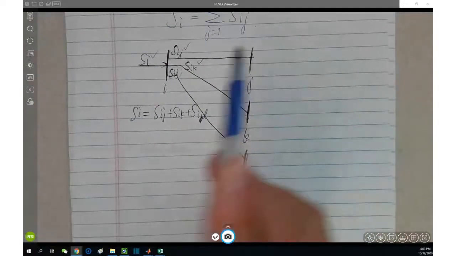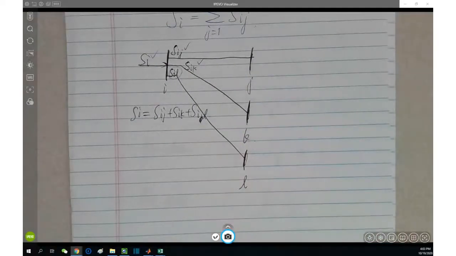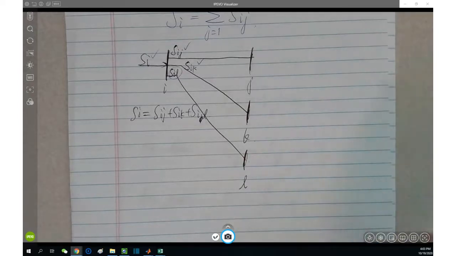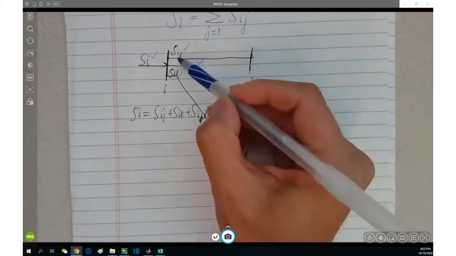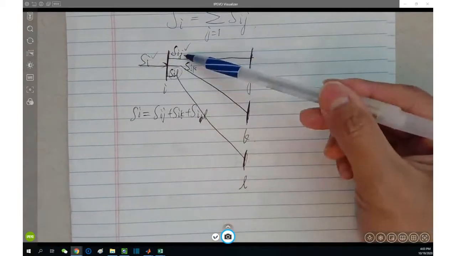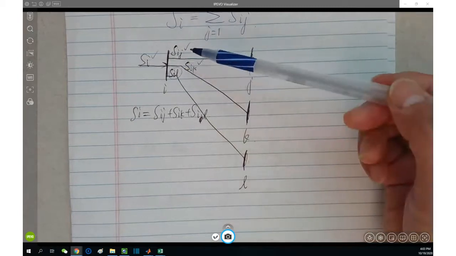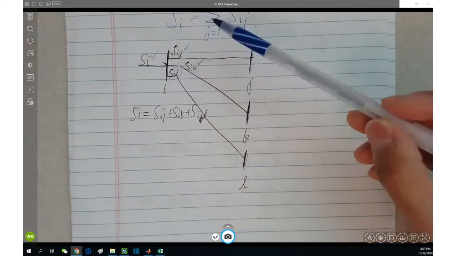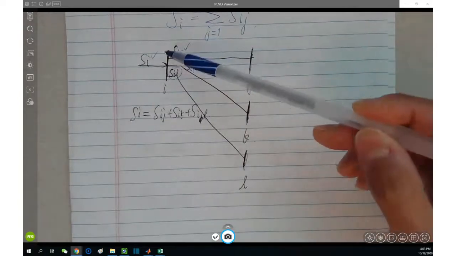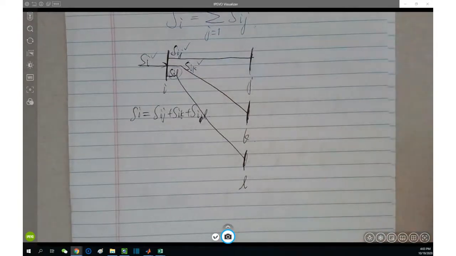So in this network, as an example, we are able to see many powers. First power we can see is from bus I towards bus J. You have an apparent power S sub ij, from I towards J. And remember, the power flow appears in pairs.